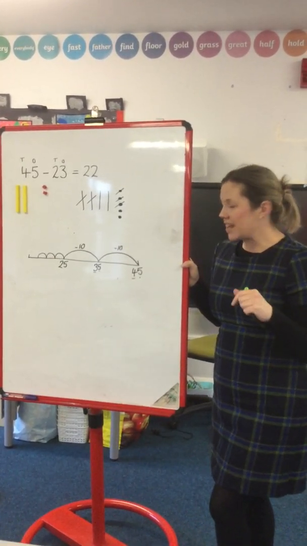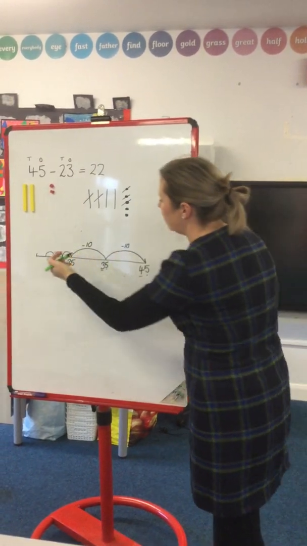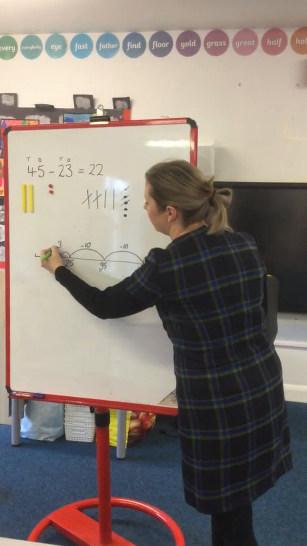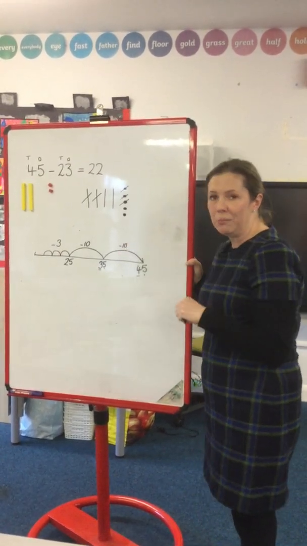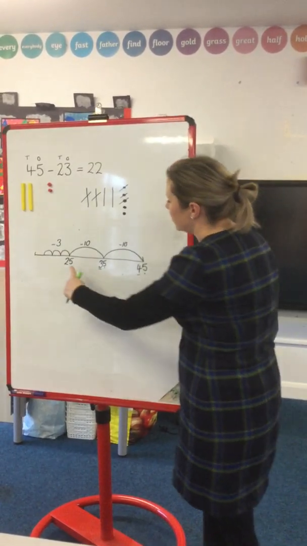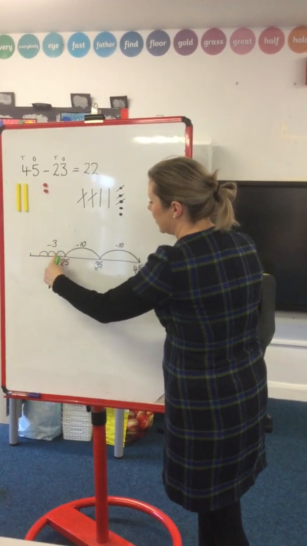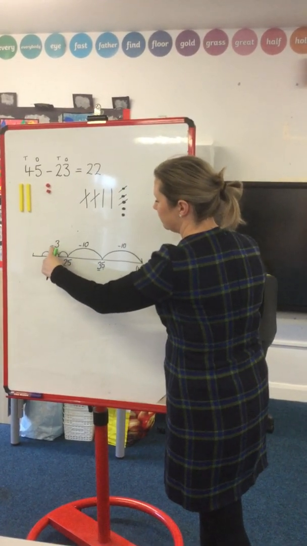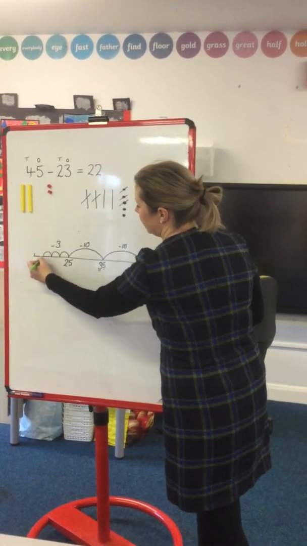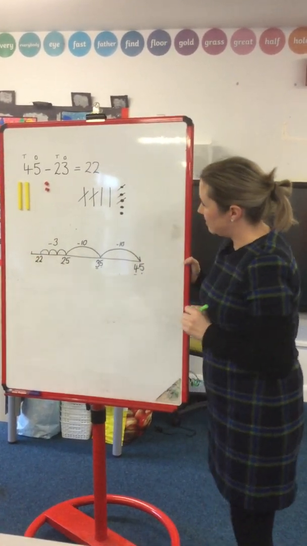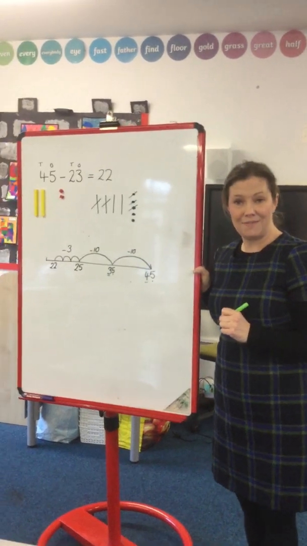So what Miss Eckett finds is the best way to do is to put here that altogether, look, we're taking away 3 1s, and then I'm going to use those jumps to help me and write the answer at the end. So we've got 25, 1 less than 25 is 24, 23, 22. So I'm just going to write 22 on the end. And now Penny will believe us.